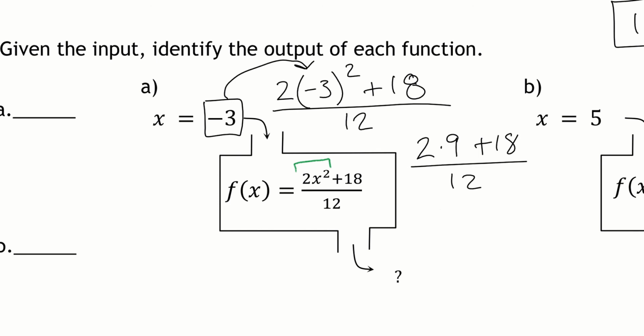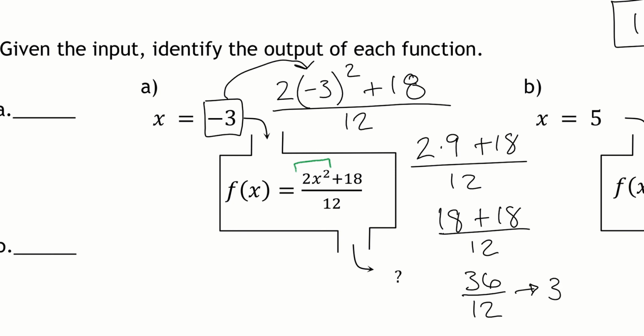2 times 9 is 18, so this becomes 18 plus 18 over 12. 18 and 18 is 36, so this becomes 36 over 12. And 36 divided by 12 is 3. Please be careful when you're doing this. I think probably good advice is to use parentheses as I have here, and then don't be afraid to write several steps out.